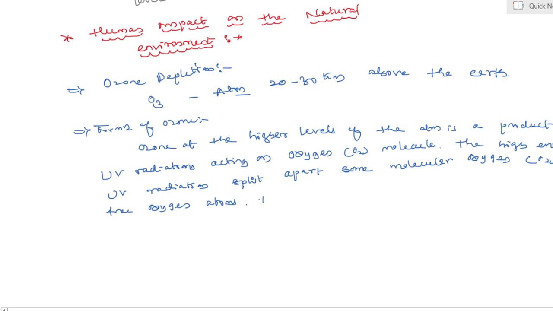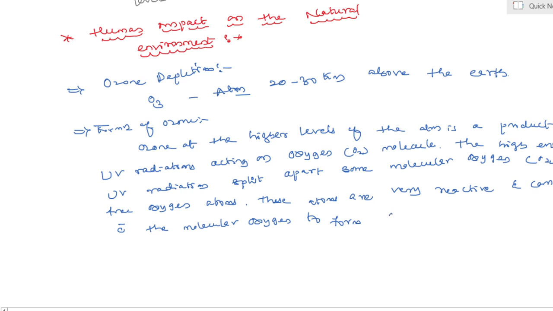These atoms are very reactive and combine with the molecular oxygen to form ozone.